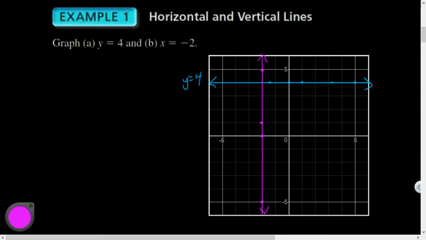When you have x equals some number, in this case x equals negative 2, that's the equation of the line that passes through negative 2 on the x-axis, but it's not a function because there are multiple outputs for the input of negative 2. This would not pass the vertical line test because the vertical line would hit infinitely many points. So horizontal and vertical lines are the somewhat easy ones to graph.